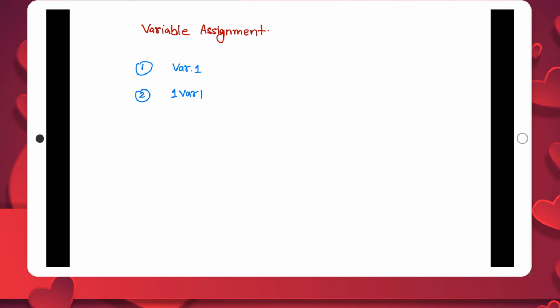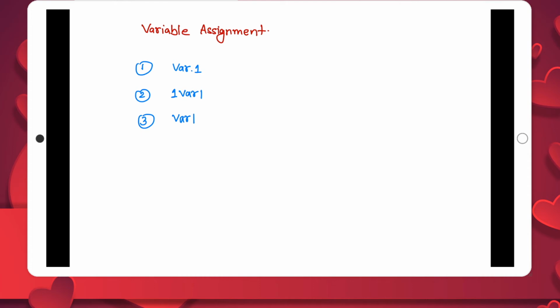And then in the third assignment you have just where 1, that's the variable 1. Now my question is, which one is the correct answer here? This one, or this one? So which is going to work in a Python variable assignment?